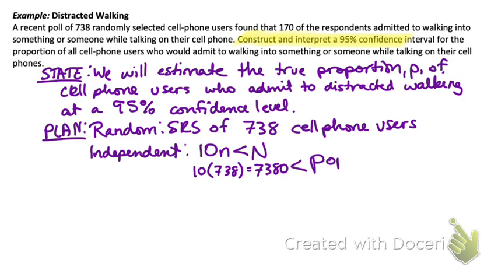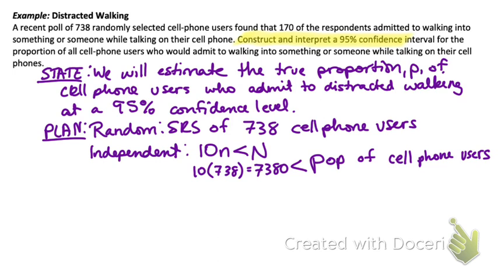Do you think that that is less than the population of cell phone users? I just don't know. I doubt it. You doubt it? Oh, wait, I bet it is, right? Yeah. I bet the population of cell phone users is bigger than 7,380. I'd say so. So we got our random, our independent.